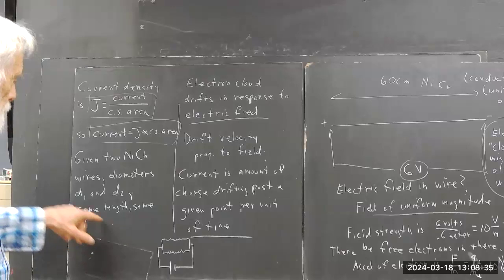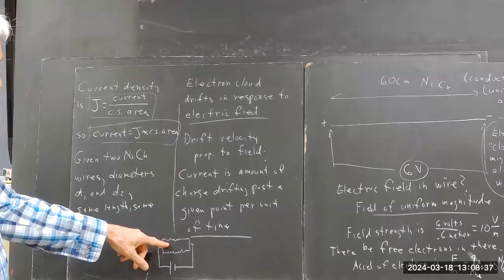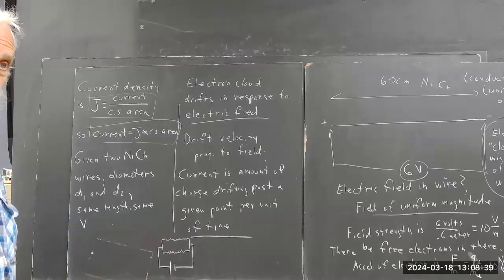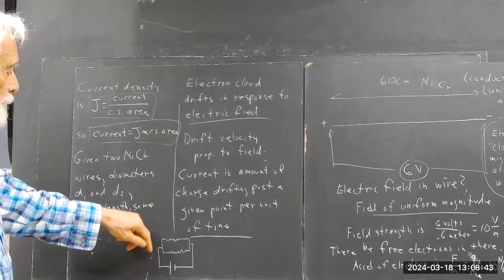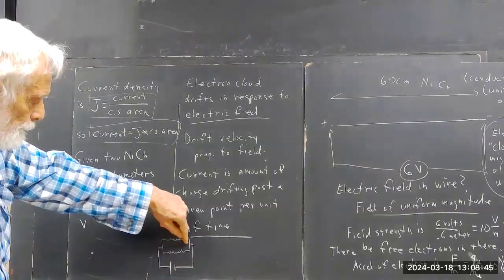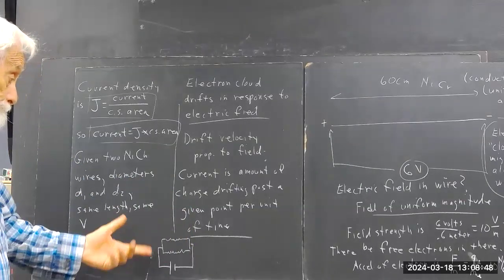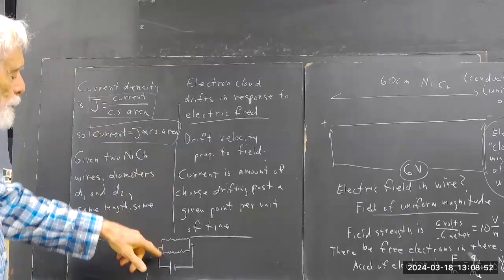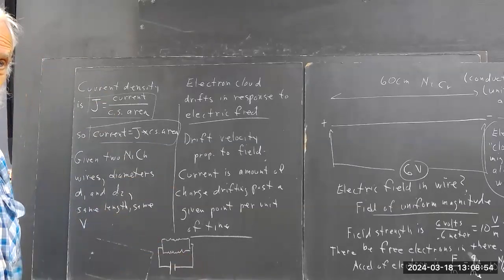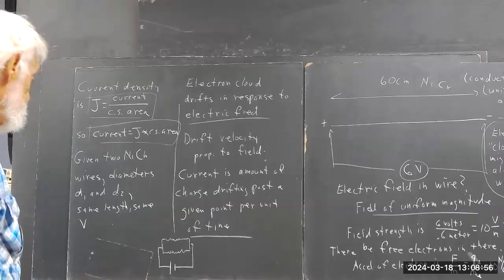Just imagine one of these is a wire of diameter D1, the other has a diameter of D2. They have the same potential difference because they both have a direct connection to our source.